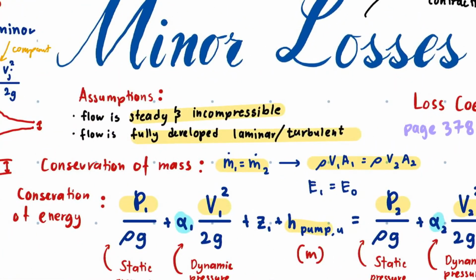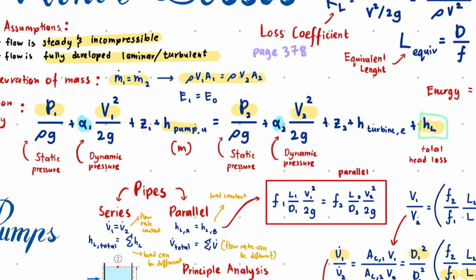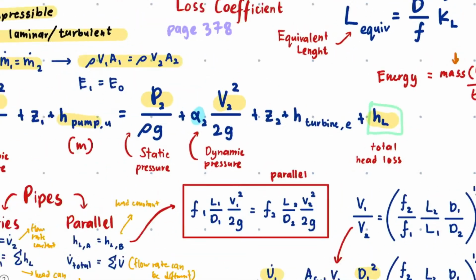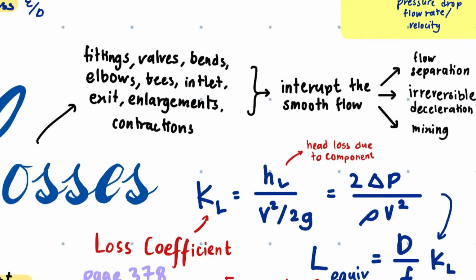So for minor losses, here are all the components that can contribute to minor losses: fittings, valves, bends, elbows, tees, inlet, exit, enlargement, contractions. It will all interrupt the smooth flow.